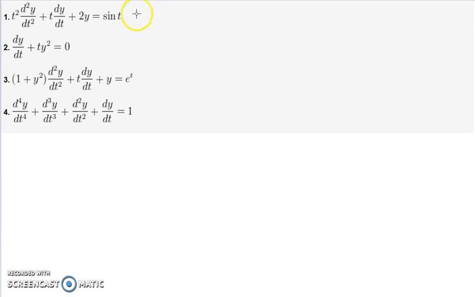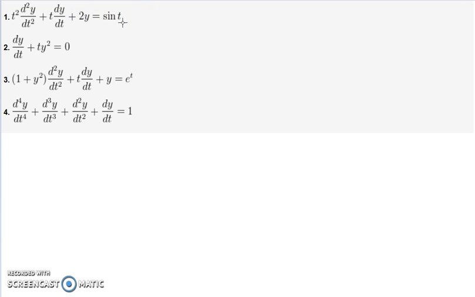This one is going to be linear. Note that the first term has t raised to the second power. Since t is the independent variable, it does not matter that it is raised to a power other than the first. This term is linear and this term is linear, so let's take a look at the sine t.